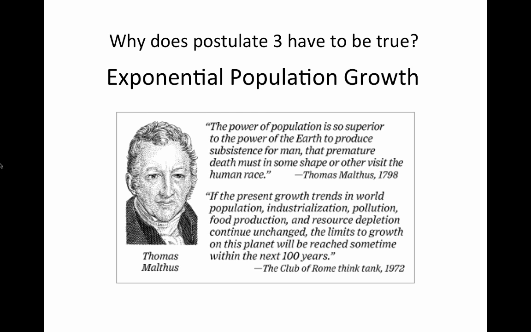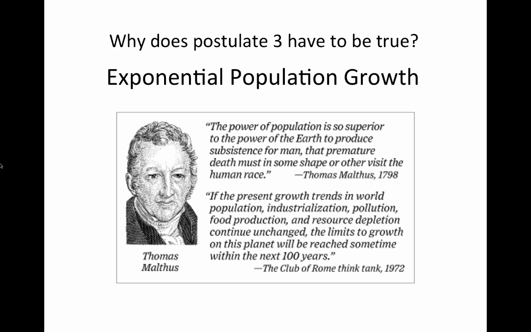So Thomas Malthus is famous for this idea that human populations would be controlled by war, plague, famine, things that tend to cull the human population and make sure that the population doesn't grow out of proportion to the ability of natural resources to be able to sustain them, provide food, shelter, the other things that people need.